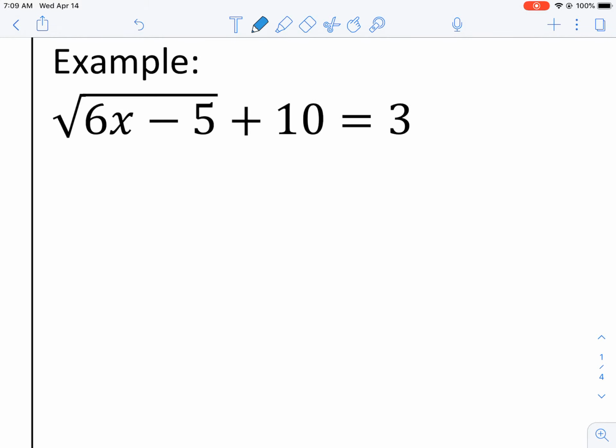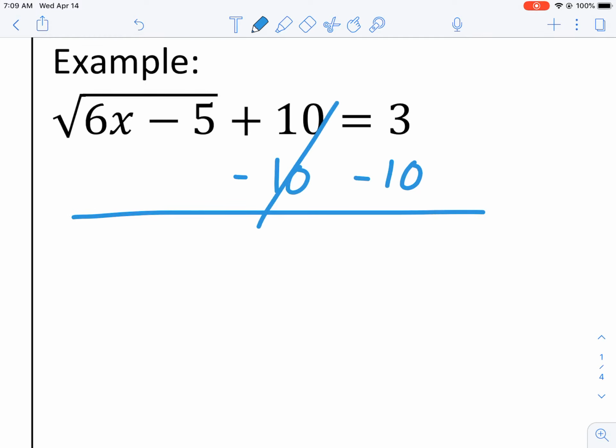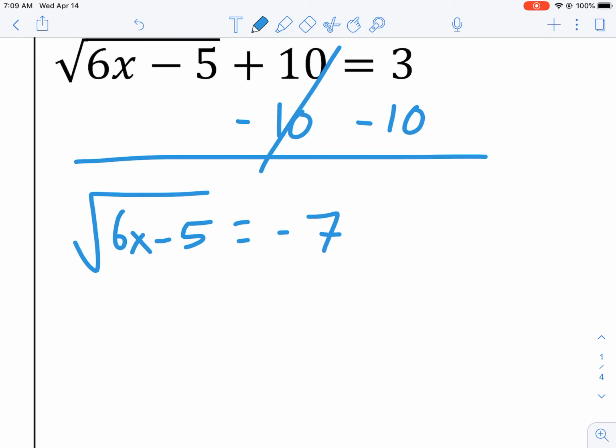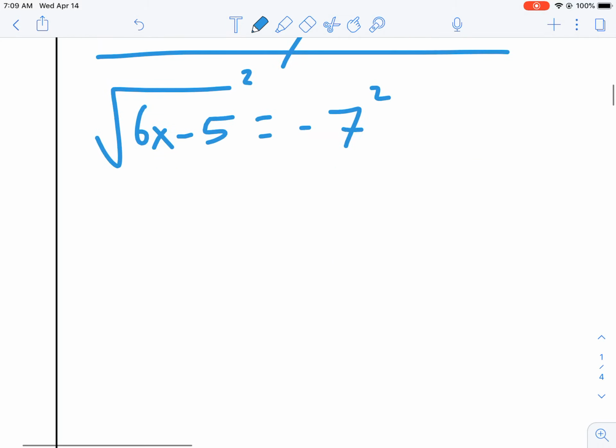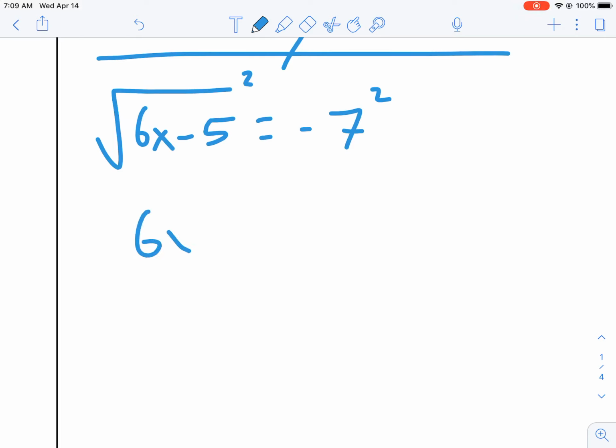So we're going to look at this problem. We want to get the radical by itself as before, so subtract 10 from both sides. That leaves the square root of 6x minus 5 equals negative 7. Then we have to square both sides, so we get 6x minus 5 equals 49.